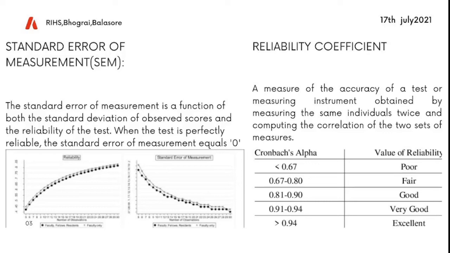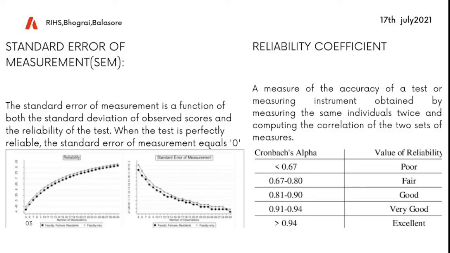If you combine the standard deviation of the observed score and the reliability of the test, then you can find the standard error of measurement. When the test is perfectly reliable, the standard error of measurement is equal to 0.